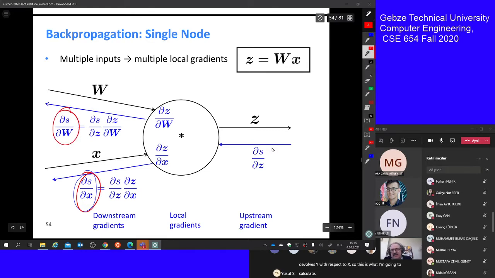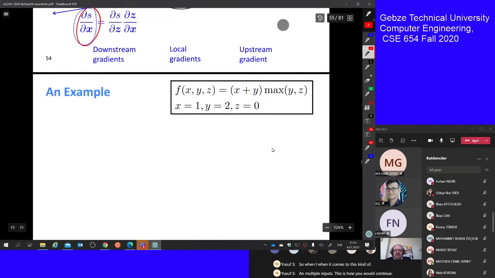In this case, I'm talking about the w's. When it comes to multiple inputs, this is how you would continue.